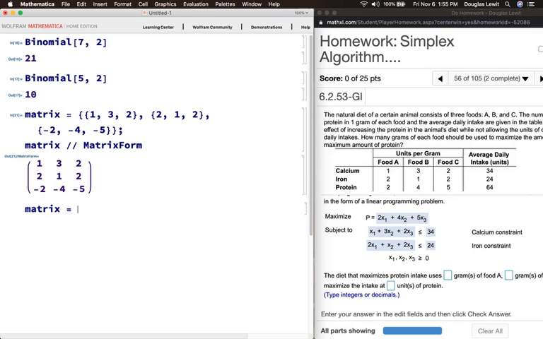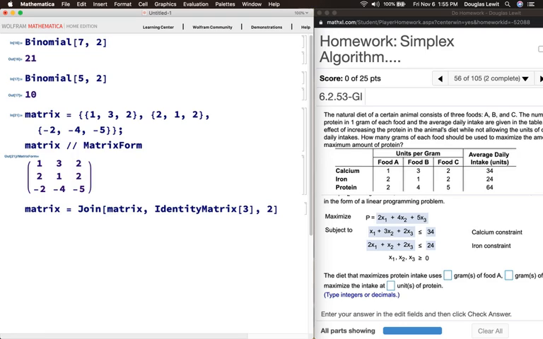matrix is equal to join matrix, identity matrix 3, and why 3? Because my matrix here has 3 rows. 1, 2, 3. 3 rows. And level 2.